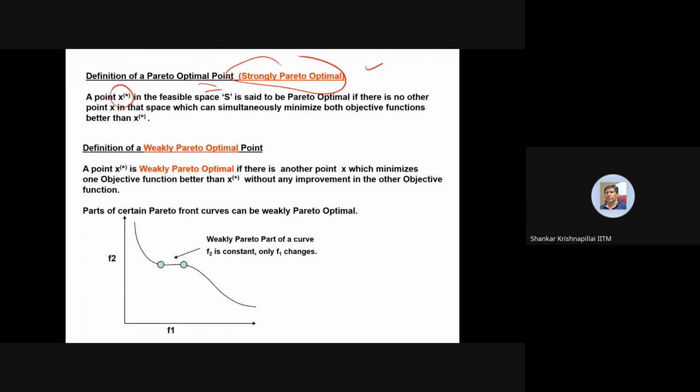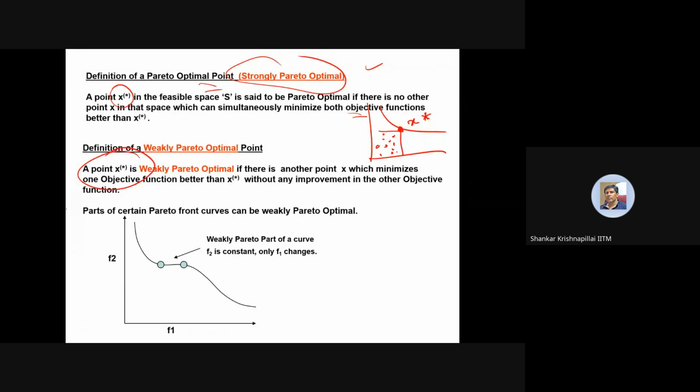The point x star is strongly Pareto optimal if there is no other point x in that space which has better values for F1 and F2. This is what we already saw. So x star is strongly Pareto optimal if you can't find any point below it which has lower values for both F1 and F2.